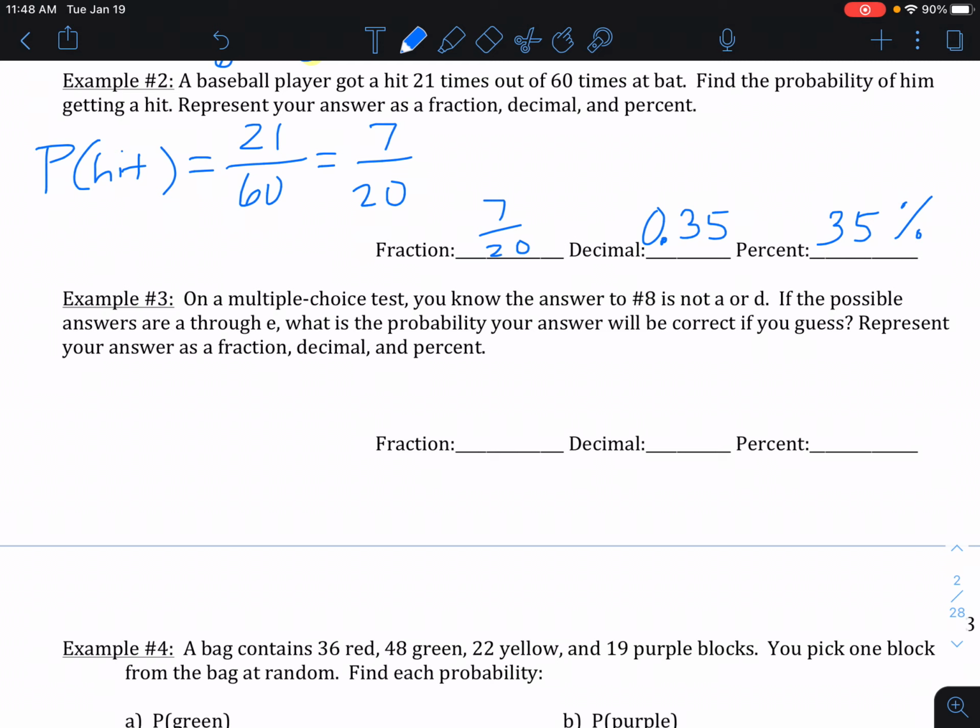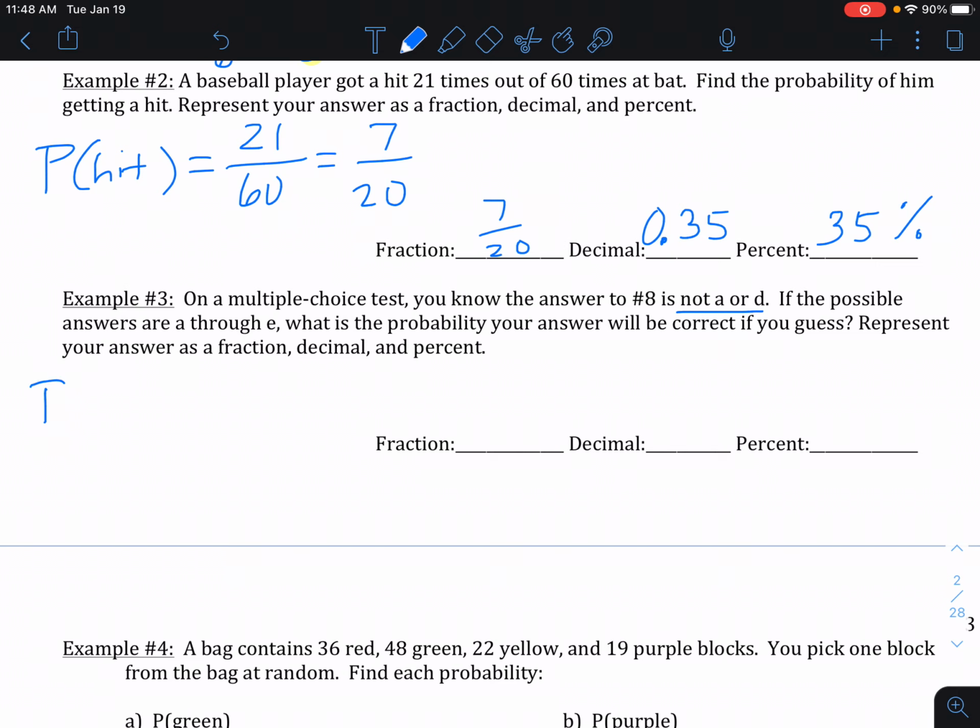Example 3, on a multiple choice test, you know the answer to number 8 is not A or D. If the possible answers are A through E, what is the probability your answer will be correct if you guess? Represent your answer as a fraction, decimal, and percent. So we have 5 choices there. A through E is 5 letters.